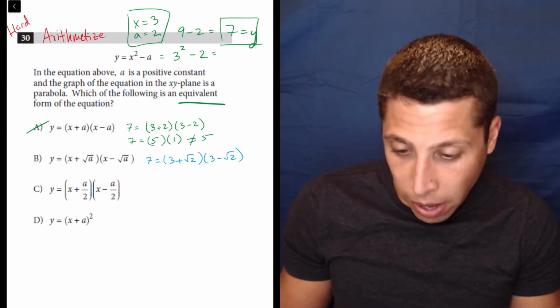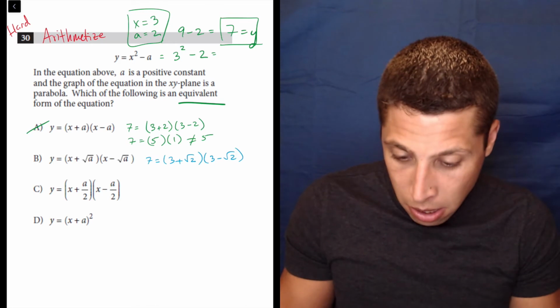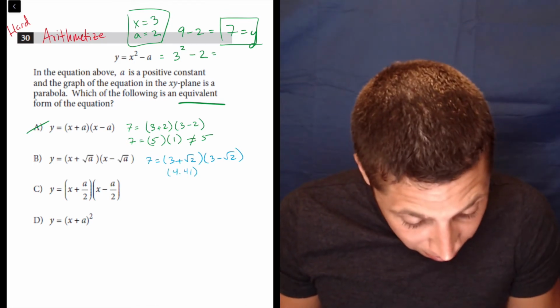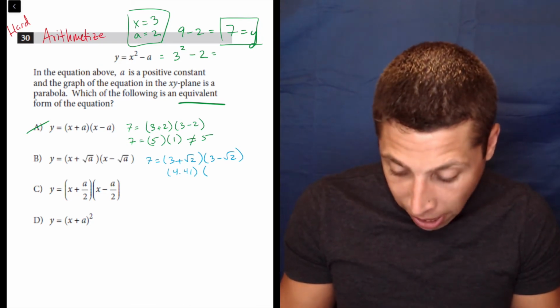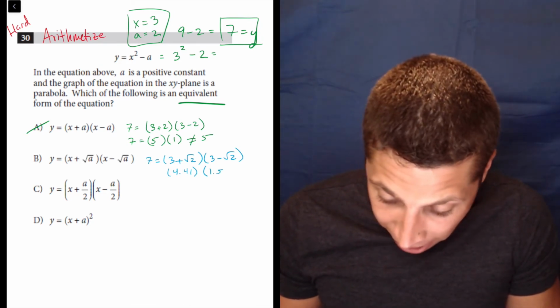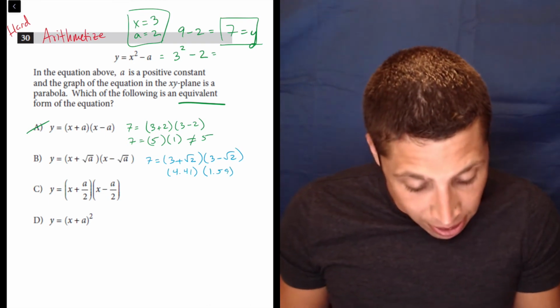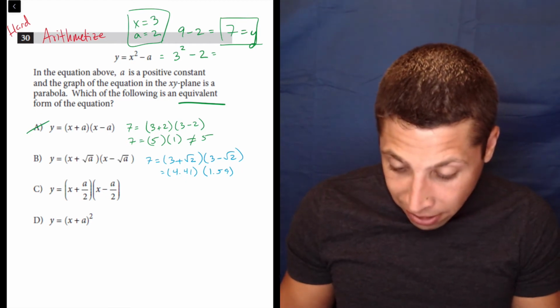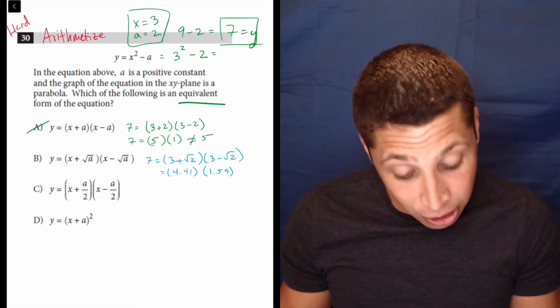So 3 plus radical 2 is going to be 4.41, and 3 minus radical 2 is going to be 1.59, and 4.41 times 1.59 is close to 7.